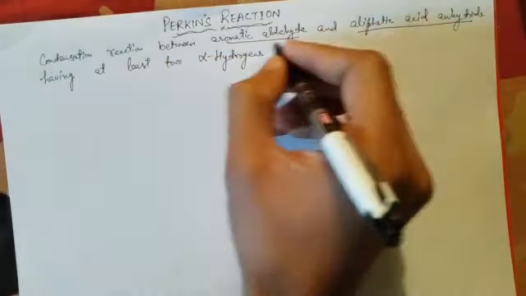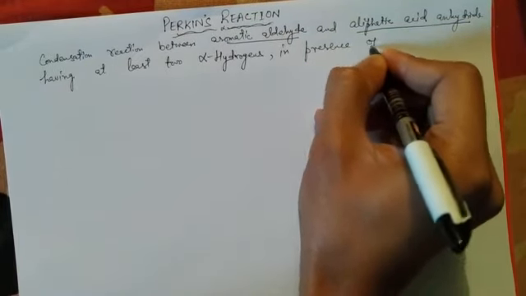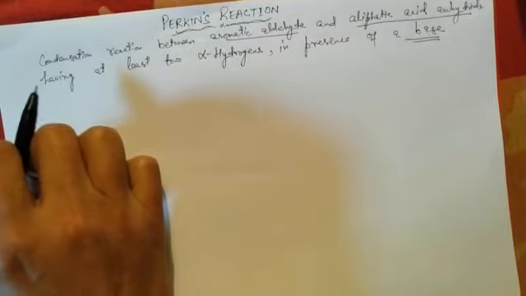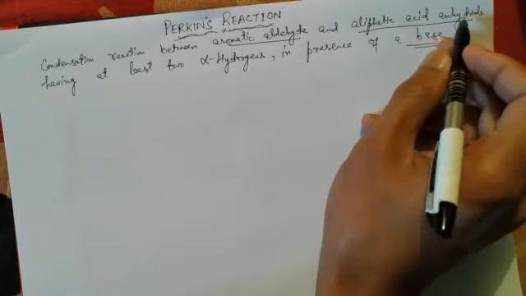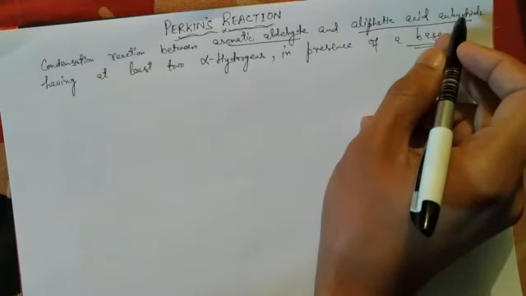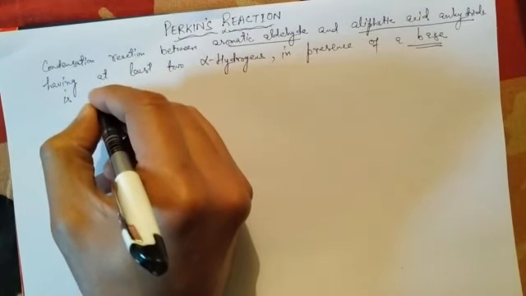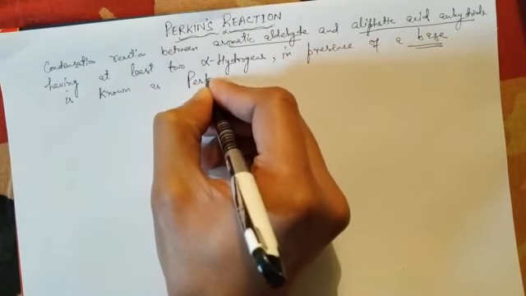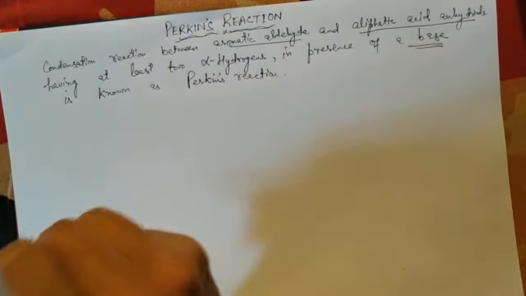So this reaction takes place in the presence of a base made from that acid anhydride, and this is simply known as Perkin's reaction. Okay.